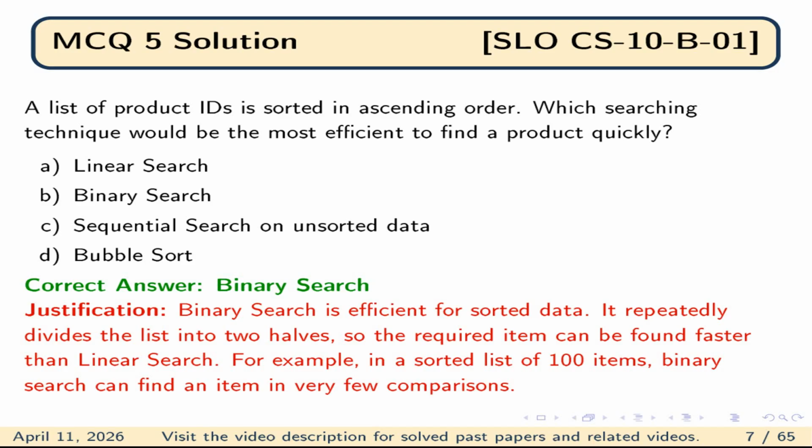Justification: binary search is efficient for sorted data. It repeatedly divides the list into two halves, so the required item can be found faster than linear search. For example, in a sorted list of 100 items, binary search can find an item in very few comparisons.